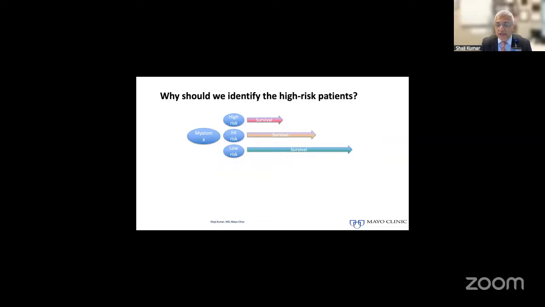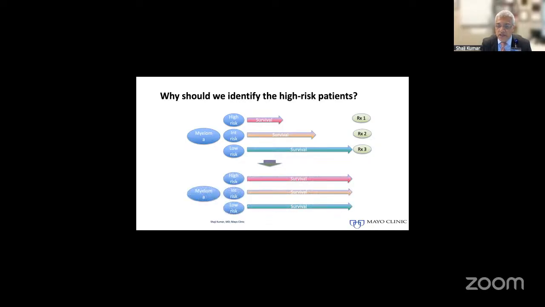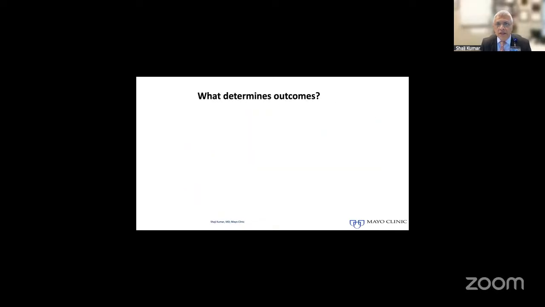Where we want to get to in the future is that we can actually treat them with 3 different types of treatments, leading to similar outcomes, in a way negating the impact of these risk characteristics on patient outcome. In order to do that, there are 2 things we need to understand. One is what determines the outcome, so that we can identify the patients with poor outcomes.